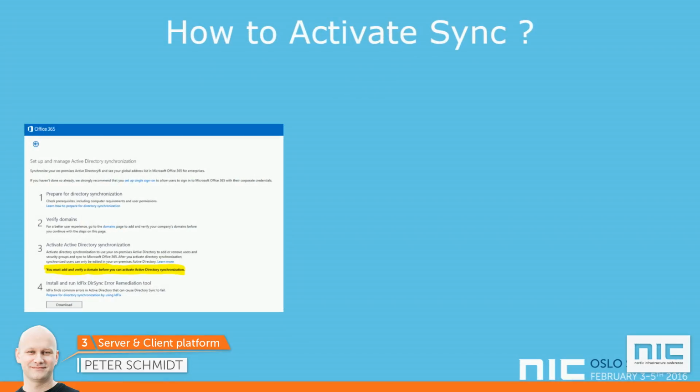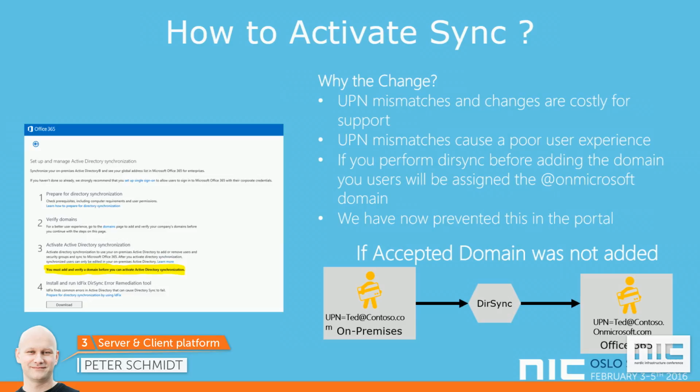You also need to be aware of when starting the whole directory sync process, and we have downloaded the AD Connect to do that. So when we sync and we have a user, in this example like Ted at contoso.com on-prem, and when that user has been synced to Office 365, he suddenly shows up as Ted at contoso.onmicrosoft.com.